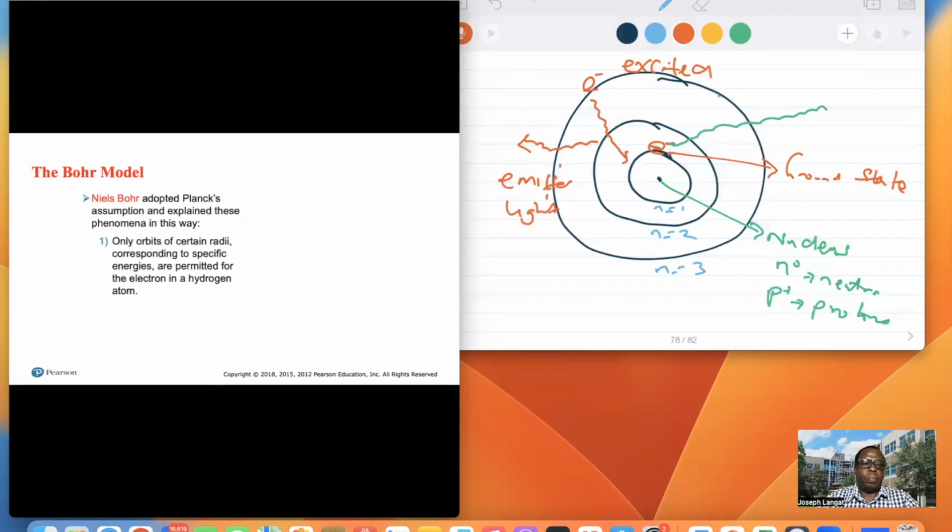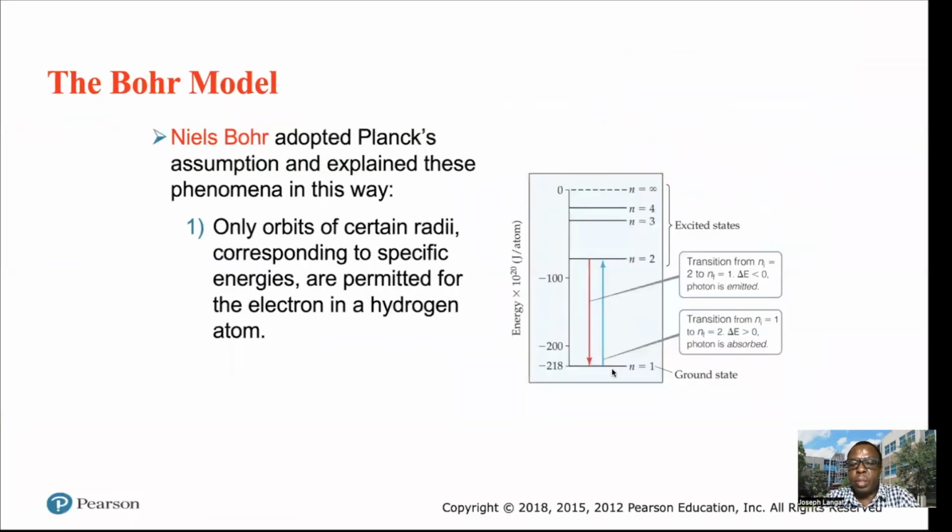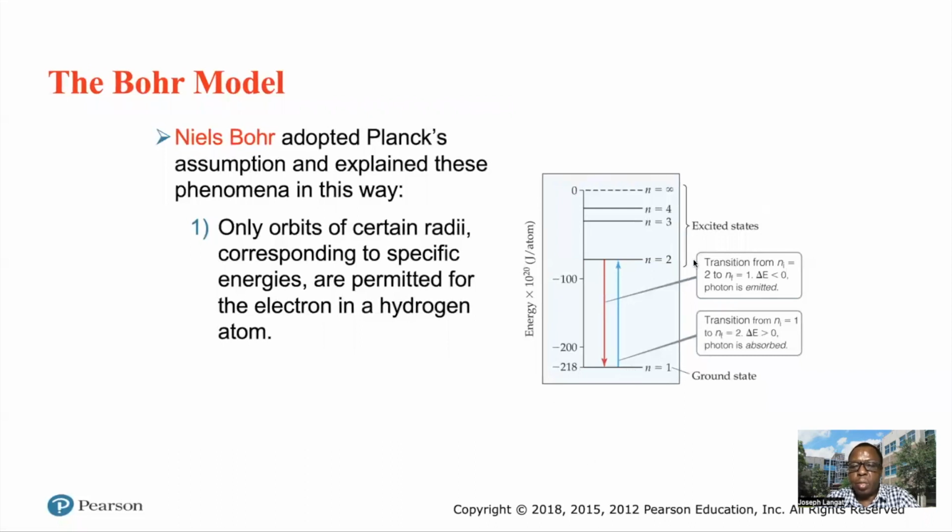Now there are assumptions, some takeaways from Planck's assumption, to explain the phenomena he proposed. Energy level 1, energy level 2, transition, emitted. Let me show you what this means. Assuming that this is energy level 1, energy level 2, energy level 3.